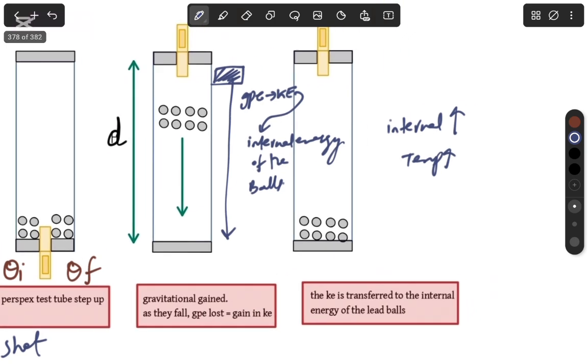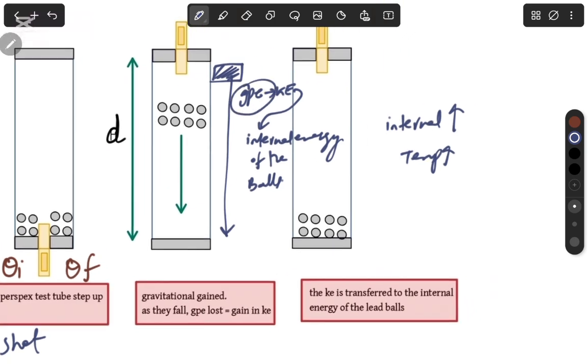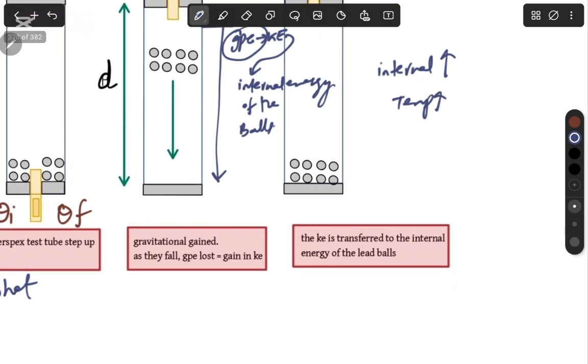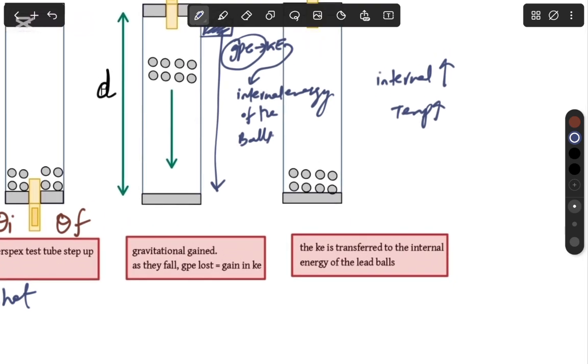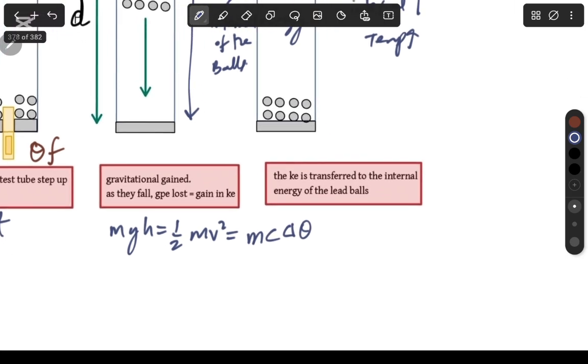Now, basically I can say that the GPE that is lost is equal to the GPE gained plus the KE gained when they fall down. So I'm going to write mgh equals half mv squared, and that half mv squared equals mc change in temperature, right?